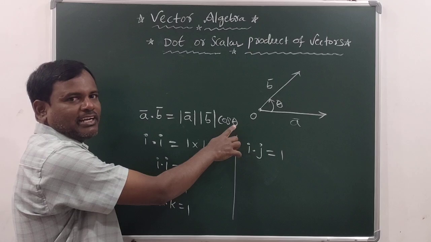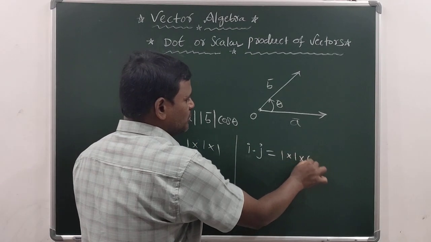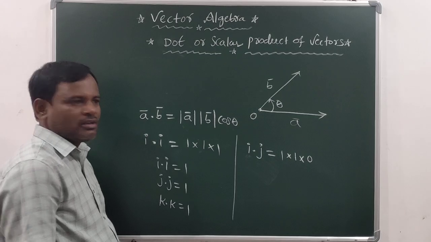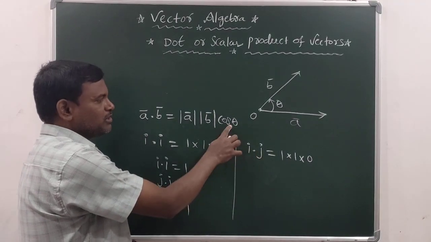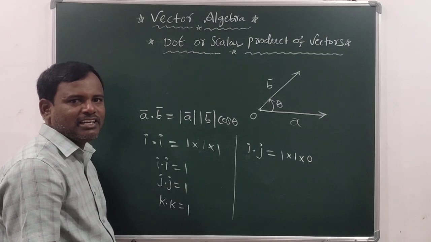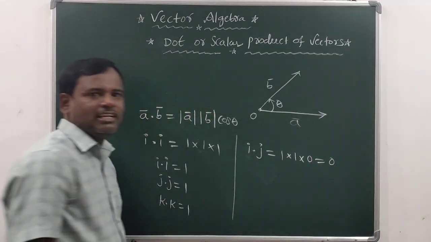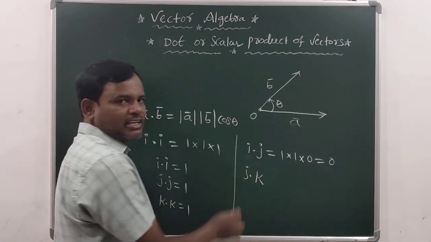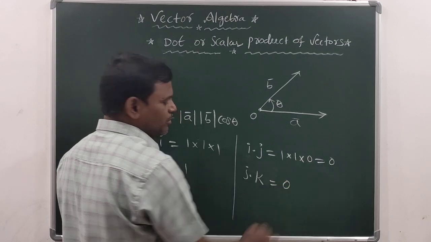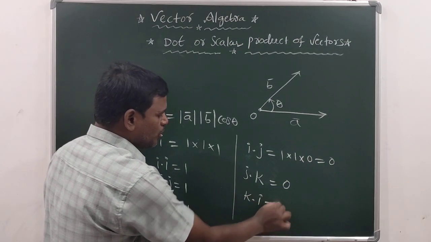Here put theta 90, cos 90 is 0. So here 1 into 0. So the magnitude of i is 1, the magnitude of j is 1, the angle between these two is 90 degrees, cos 90 is 0. So 0 into something is 0. i dot j is 0. Next, j dot k is equal to 0. Now k dot i is also going to be 0.